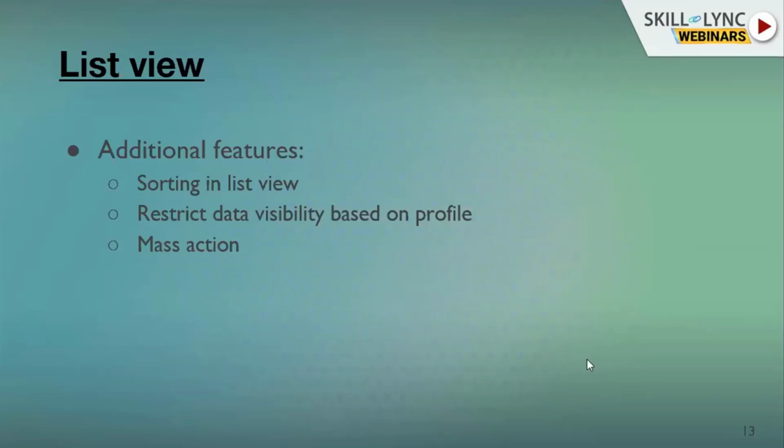Instead of going to each and every opportunity to change the owner, you can go to the list view, select all the 100, and change them at the same time. Instead of going to every single opportunity to change that particular owner, you can do it as a mass action. So this is the additional feature in the list view you are getting.